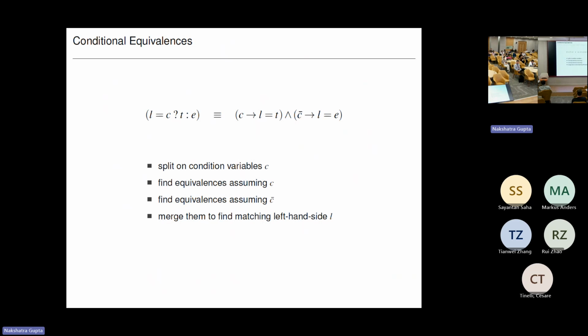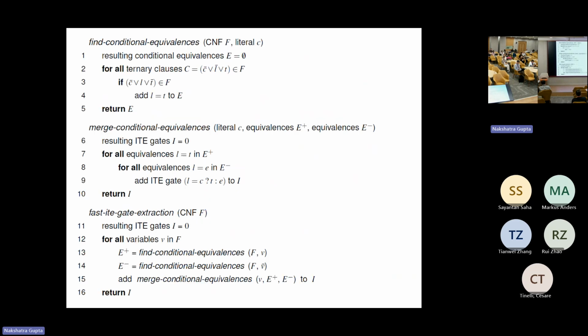This has a complexity which is really linear in the number of if-then-else gates you extract. So here's still a high-level version of it. In order to make this really linear, you need sorting and some other arguments. But in principle, this is very efficient and can now run on all competition benchmarks in no time.